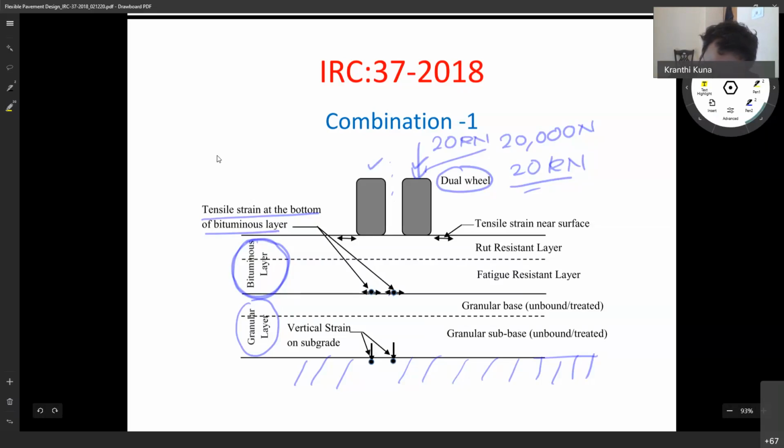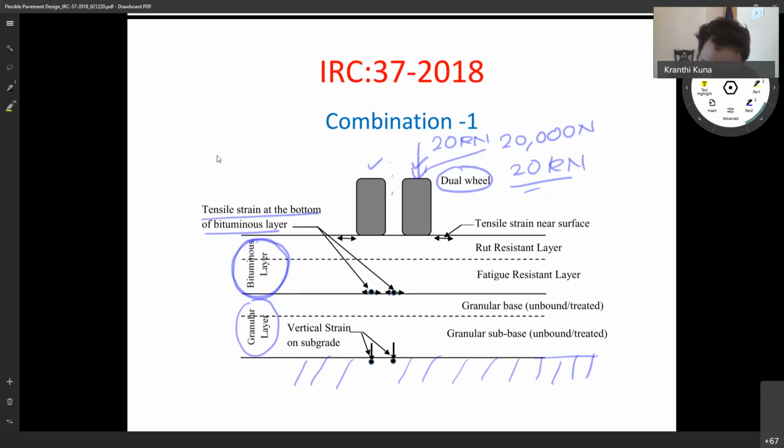You load it and you model the different bituminous layers. Another important point I want to highlight is whether you have two different layers or three different bituminous layers. Sometimes you may want to put BC and DBM, or BC, DBM1 and DBM2.